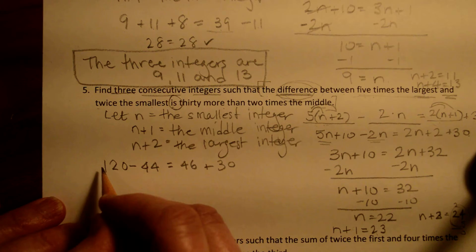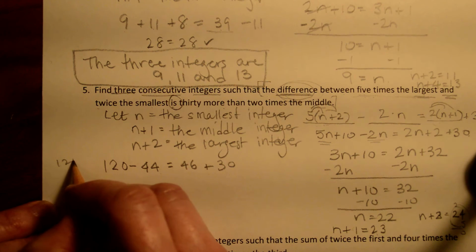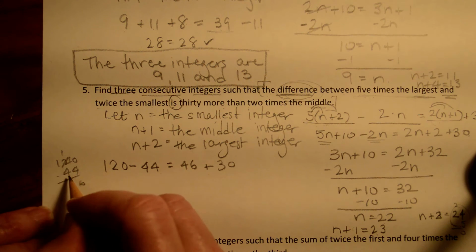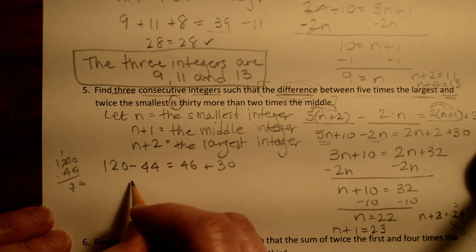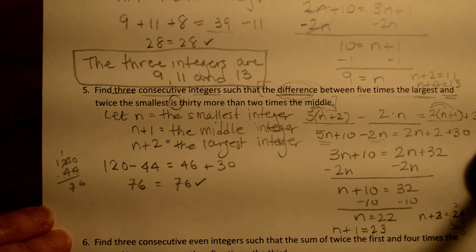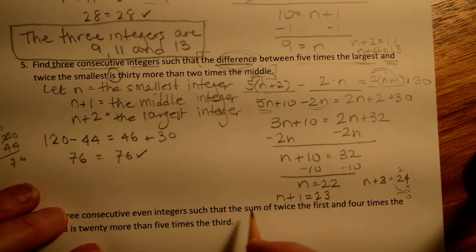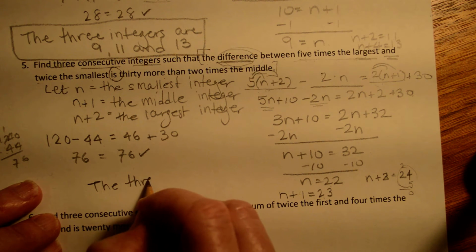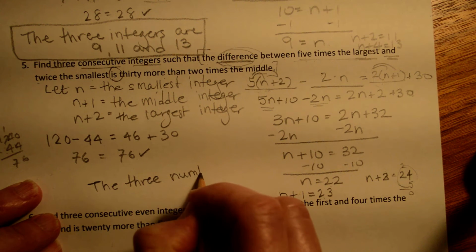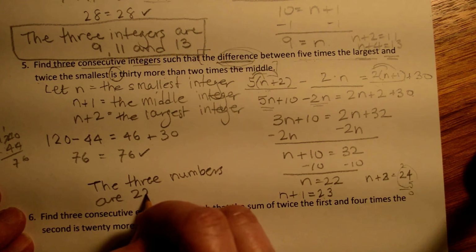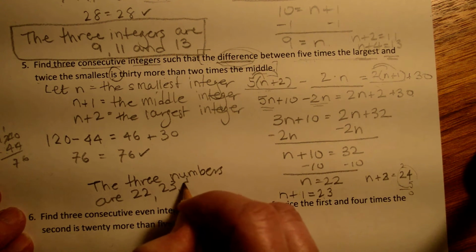All right, so then we've got 120 minus 44, that's 76 equals 76. Yep. Okay, so then the answer is, the three numbers are 22, 23, and 24.